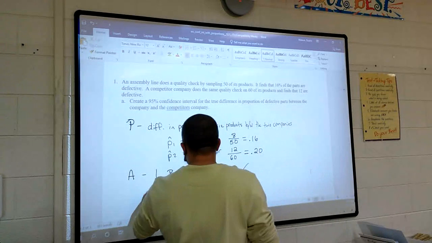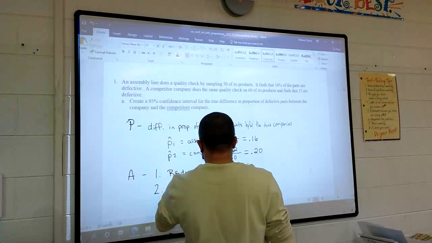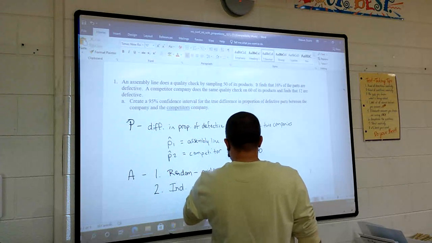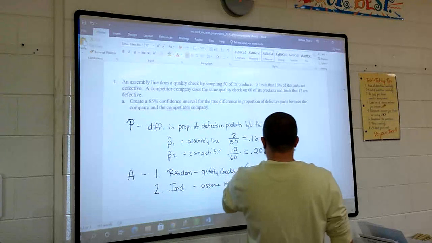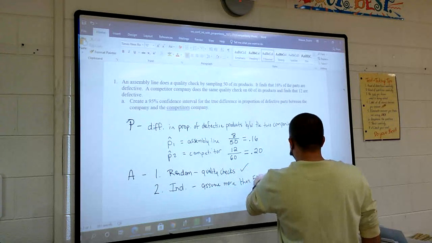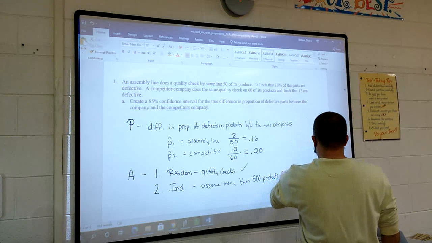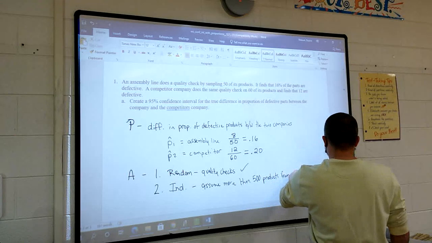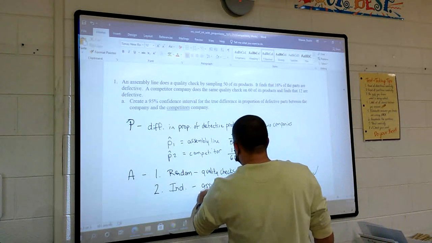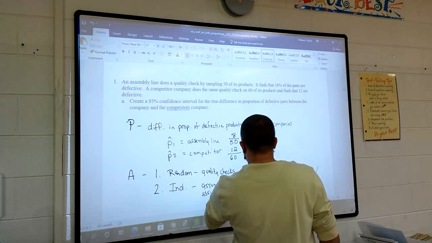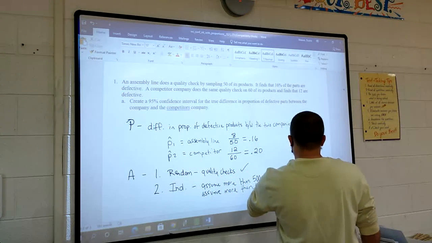Number 2 is independent. So we assume more than 500 products from the assembly line, and we assume more than 600 products from their competitor.